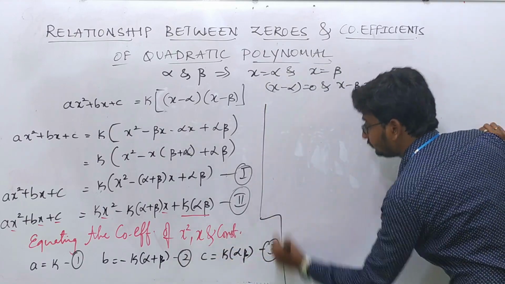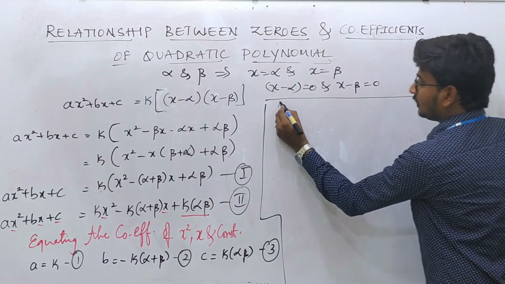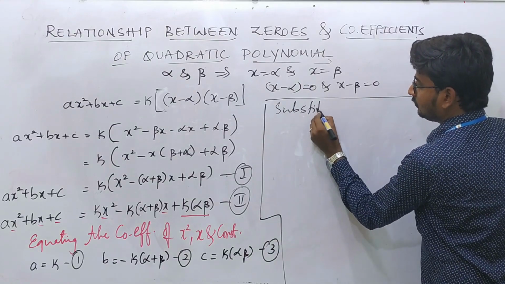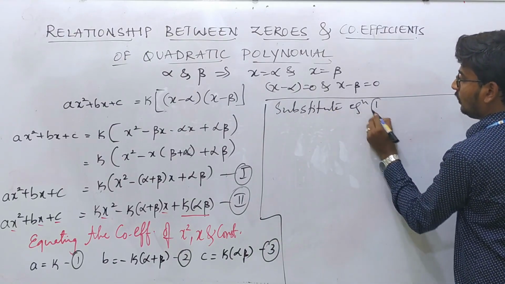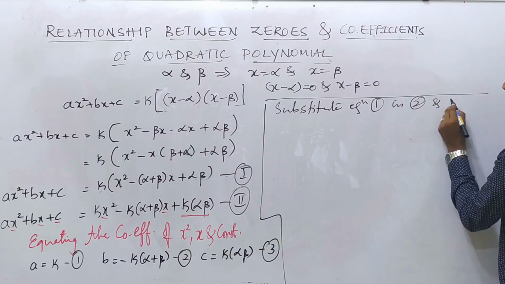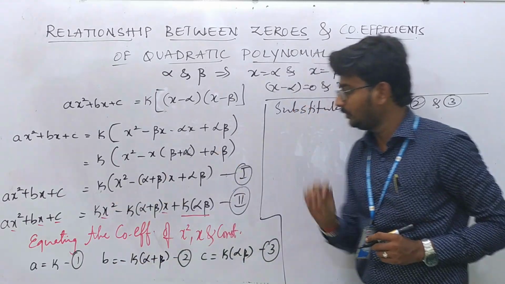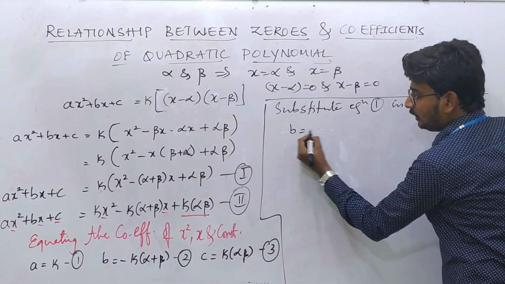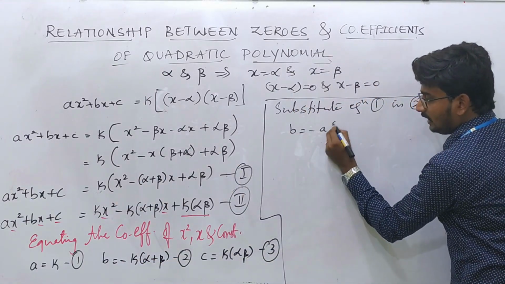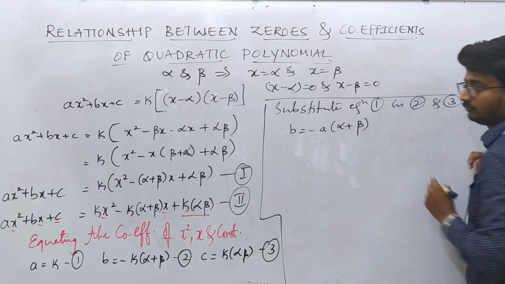Let me solve that. Substitute equation 1 in 2 and 3. So wherever there is k, I will substitute a. b is equal to minus a into alpha plus beta.